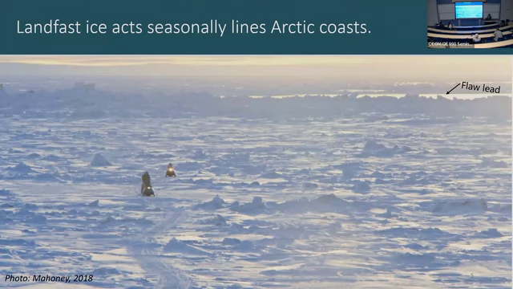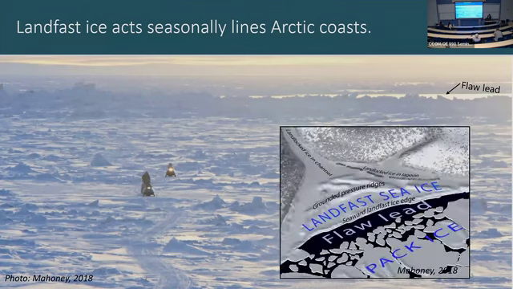You can see some people on snow machines probably going out to hunt in this image. This is separated from the drifting or pack ice offshore by flaw leads, which you can see in the schematic. You can also see a flaw lead in the back of this image. That's what really sets apart this landfast ice that we're focused on, right near the coastline, from the more classic ice, which is really dynamic and moving and has some differences in the seasonal cycle.